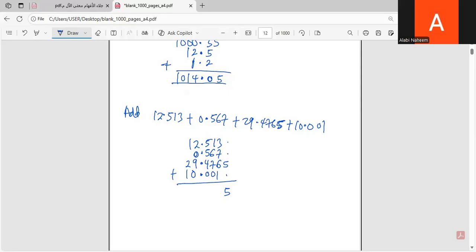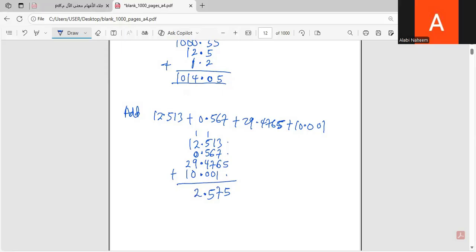Then let's add, in this case, 3 plus 7 plus 6 plus 1. That's 17. So you can write 7, transfer 1 to the other side here. So 1 plus 5 plus 5 plus 4. That's 15. You can write 5, then transfer 1 to the next number here also. 1 plus 2, 3, plus 9, 12.